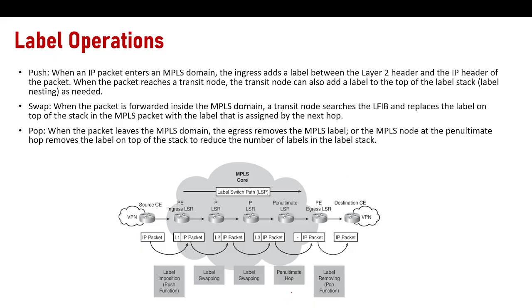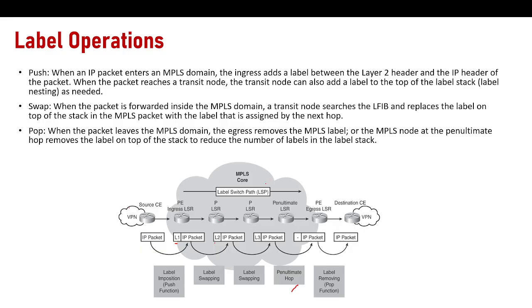So we have the concept of PHP. You can read about this one. You can see that we are getting an IP packet, which could be from the customer. You get an IP packet on the ingress LER, and then you perform a push operation, adding a label L1. Then on the P router, you do a swap operation.